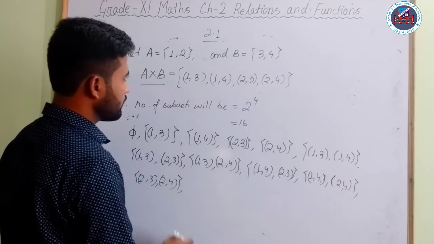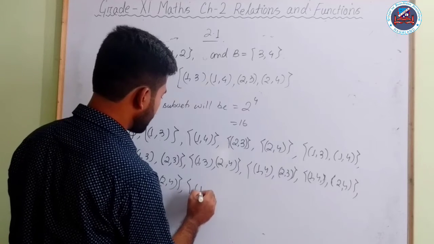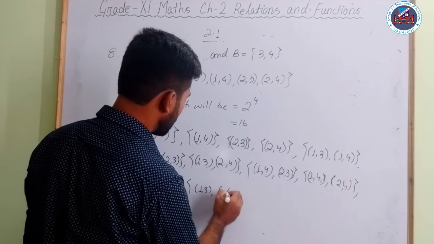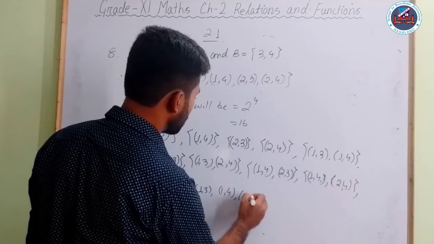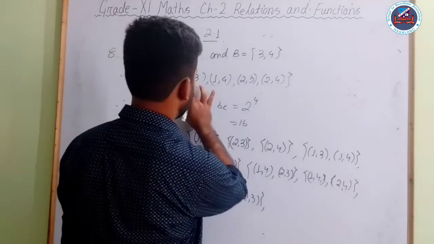So the 2 at a time are done. Let us take the 3 at a time case. {(1, 3), (1, 4), (2, 3)}. This 3 we have taken.